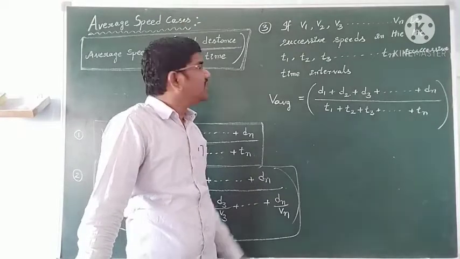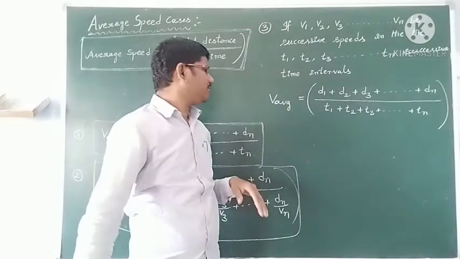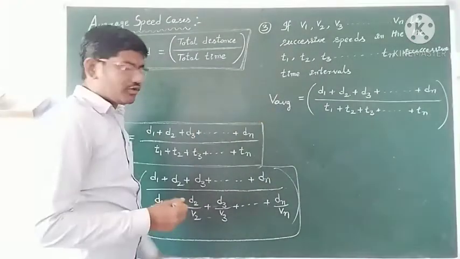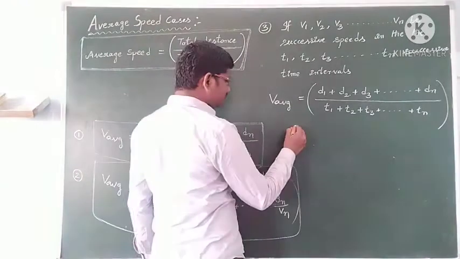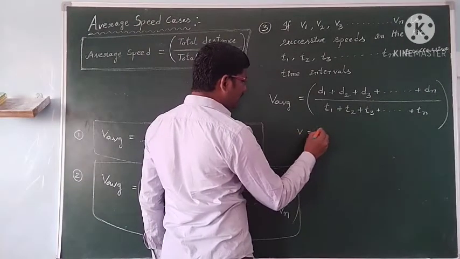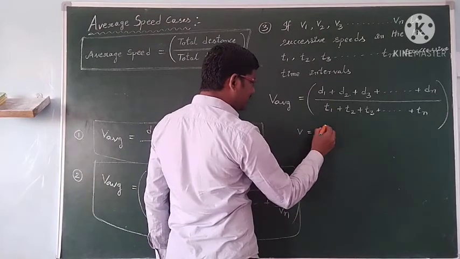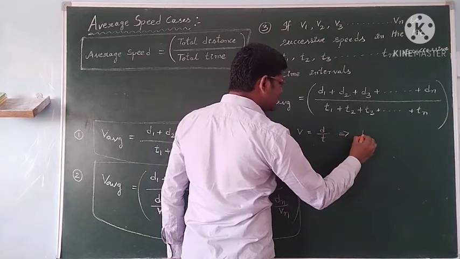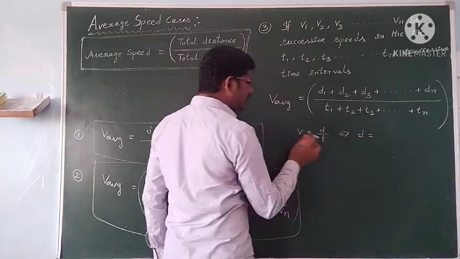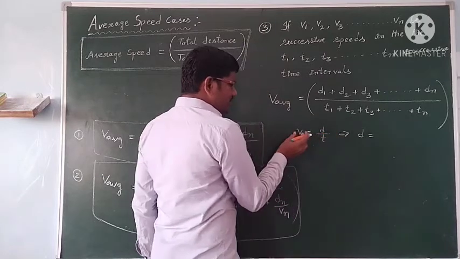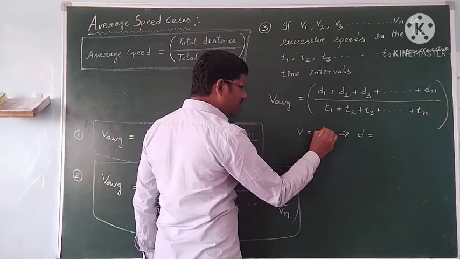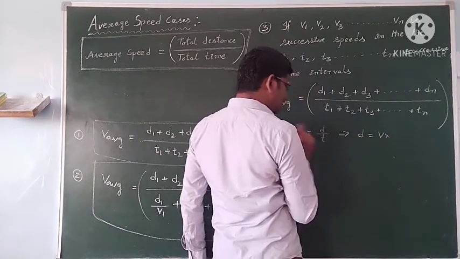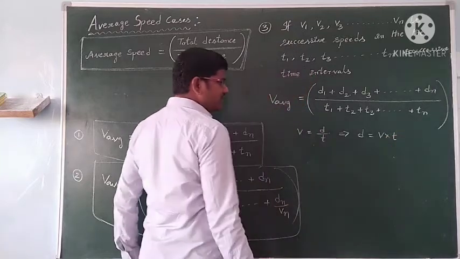Now see students, but we have only V1 and T1, and we know the speed formula. Speed is equal to distance by time. Distance with the letter D and time with the letter T. Then speed V is equal to distance by time, so distance D is equal to V into T if you do the cross multiplication.